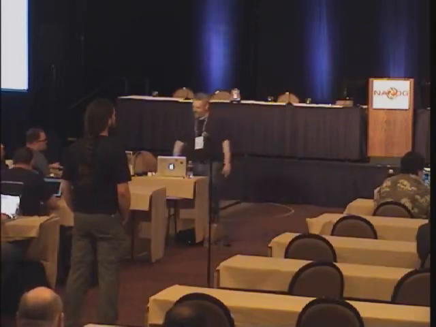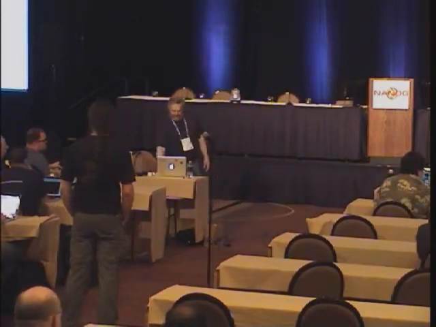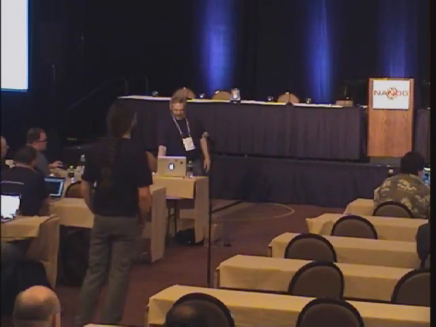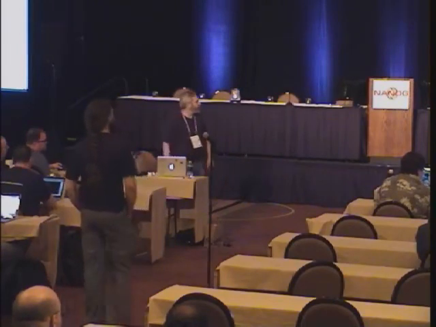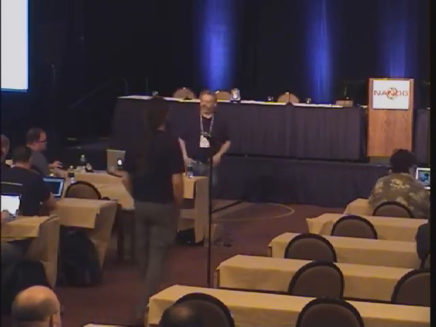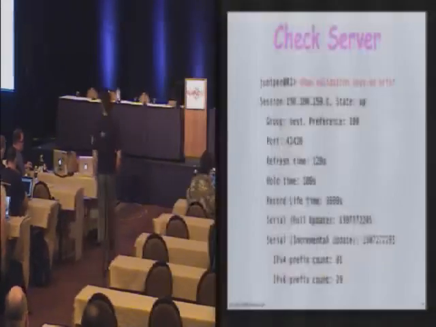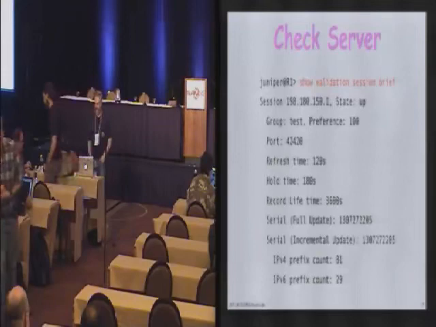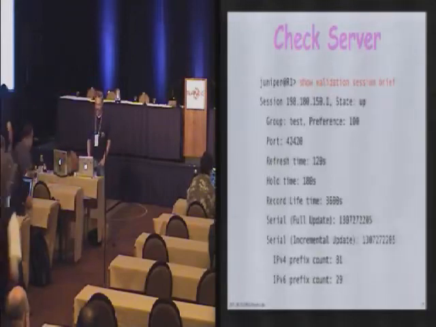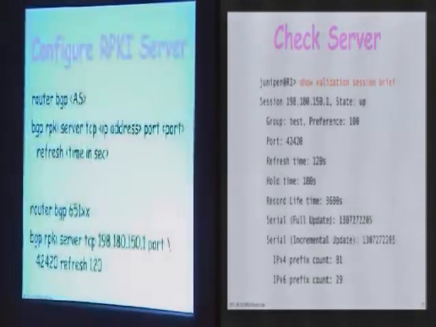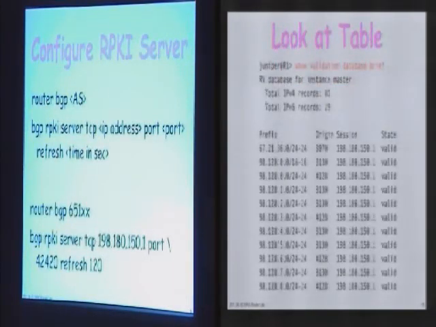Okay, now Juniper users, when you're through, you should be able to do this command, show validation session brief. And you should see that you actually are paired with a cache server. And then you should be able to do show validation database brief.